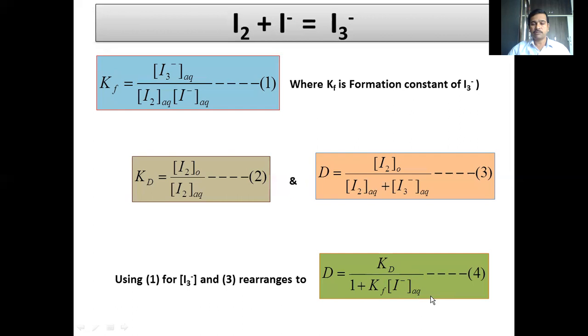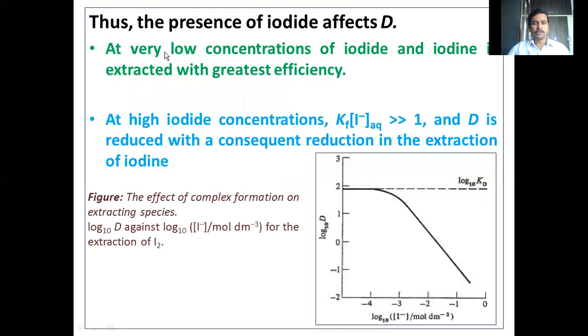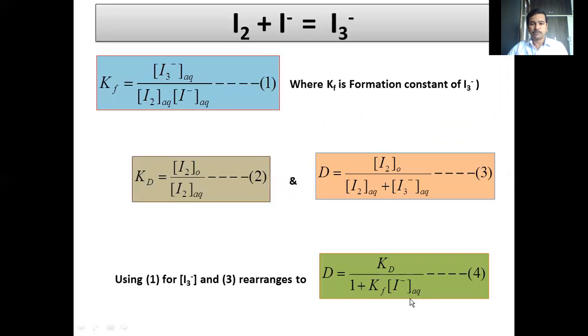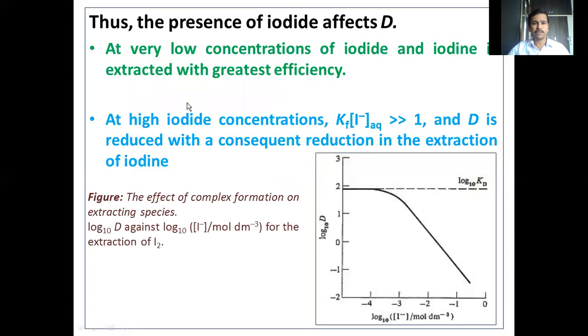So this equation is very interesting. According to this equation, you can see what will happen to D if the concentration of iodide is more, and what happens to D if the concentration of iodide is less. So that has been described here.